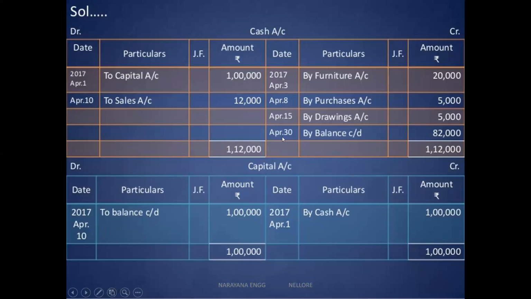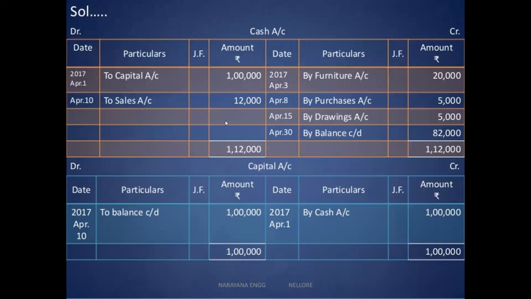Here you will write the last day of the month, April 30, and "By balance carried down, 82,000". This amount for the next month is the brought down amount. This amount acts as the balance for the next month, so the next month's debit balance is 82,000.